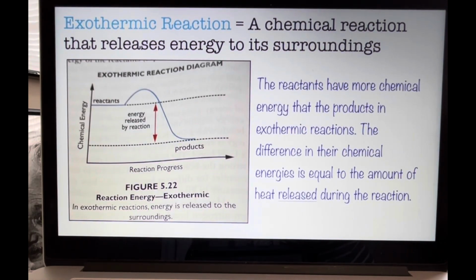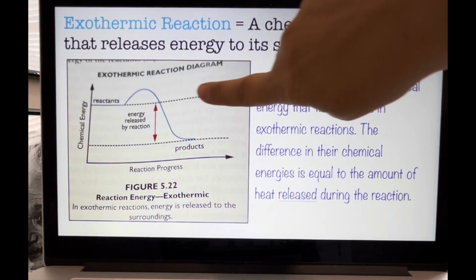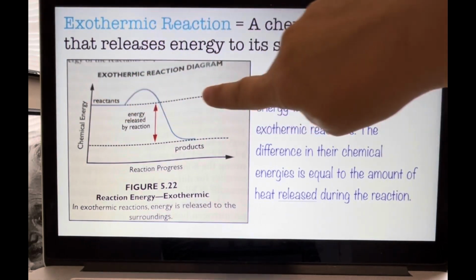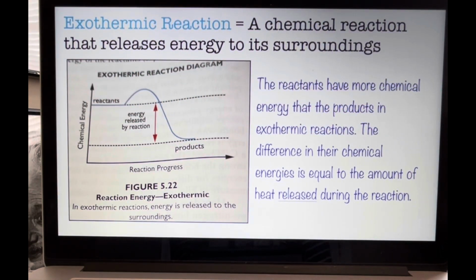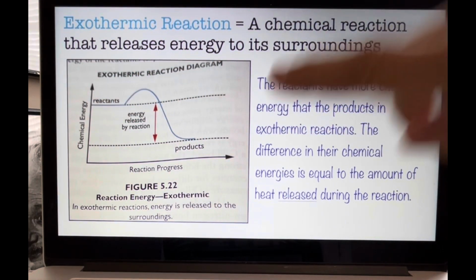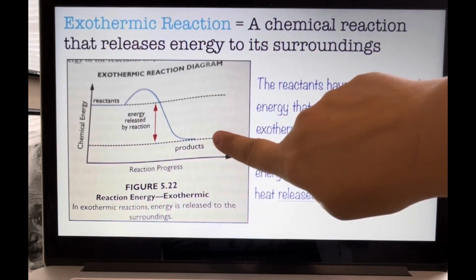Look at figure 5.22. It is a graph showing how chemical energy changes during an exothermic reaction. Notice the chemical energy of the reactants up here, and the chemical energy of the products, down here, just for an exothermic reaction.